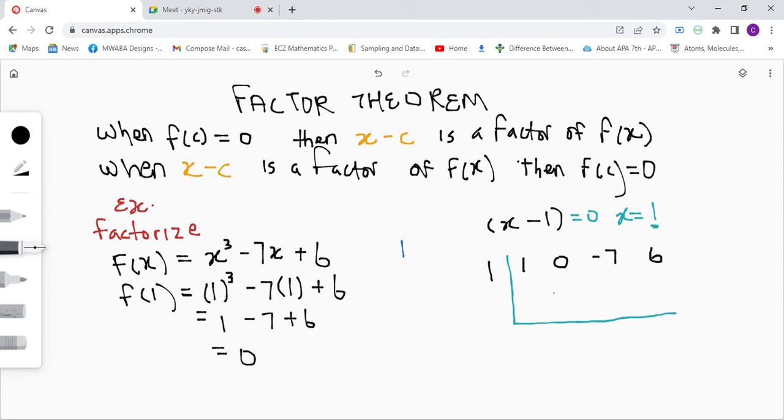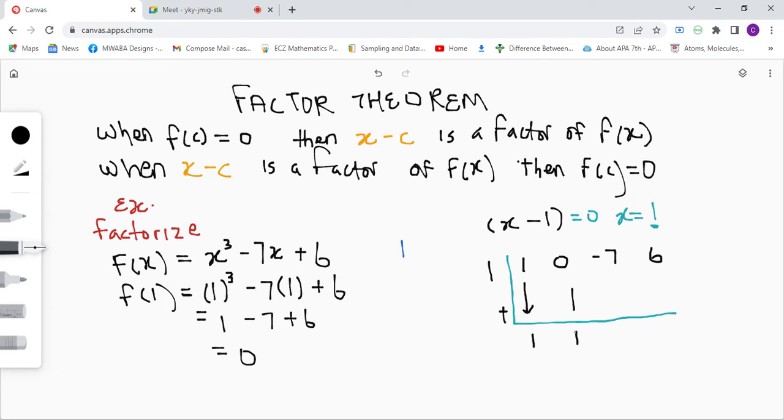So this is how we're going to do it. The first thing, you drop this 1, bring it here. You say 1 times 1, that is 1. Then 0 plus 1 gives you 1.